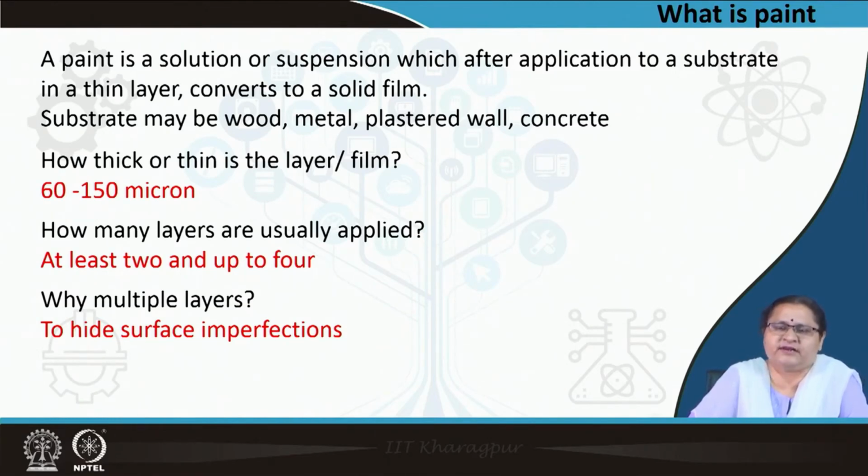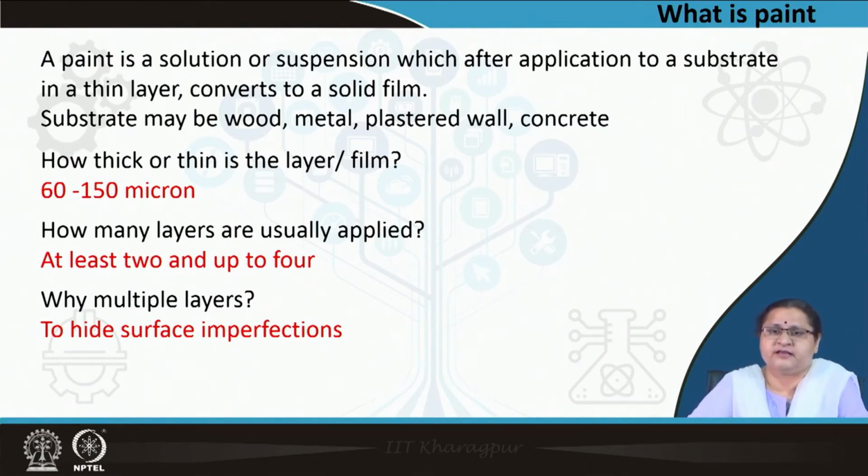If you can see what is behind it, there is no point in putting a paint. So it can hide the imperfections, it can save it from the weathering action, which we will talk about later. But the basic primary purpose of multiple layers is to hide the surface imperfections.